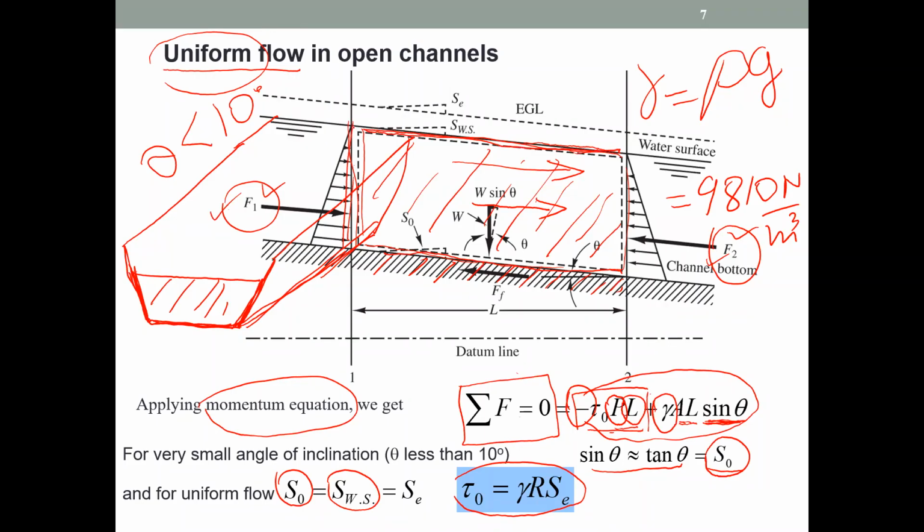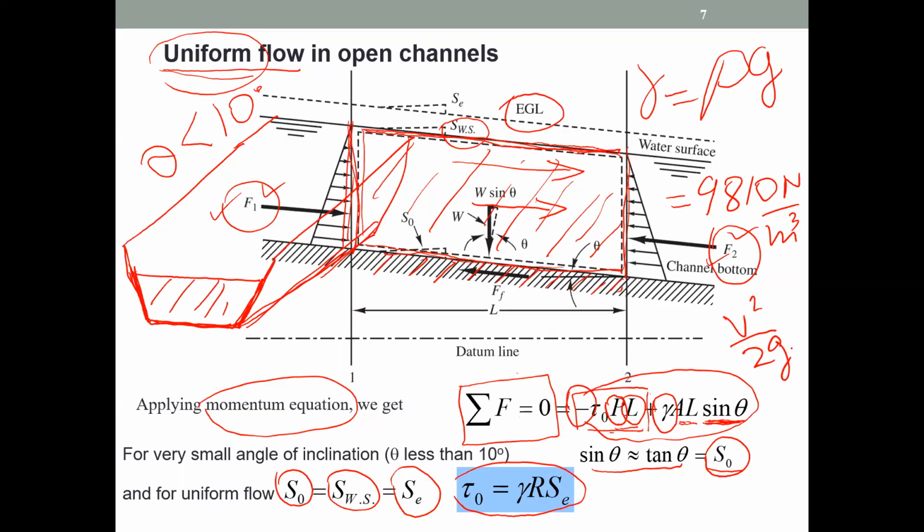It is because this is a uniform flow, so the water depth is constant. That is why it is equal to the water surface slope. It is also equal to SE. What is this SE? That is the slope of the EGL. Why is it the same? The reason is that, again, we are talking about a uniform flow. If the flow is uniform, the velocity head is constant, right? V squared over 2g is the velocity head.